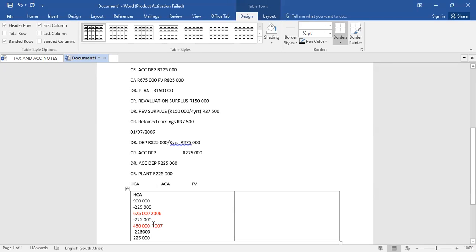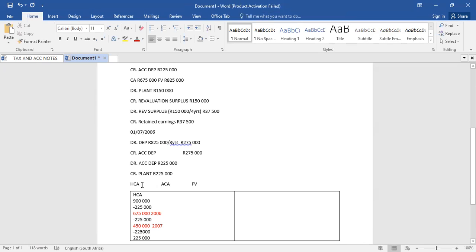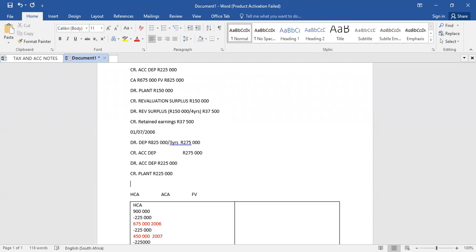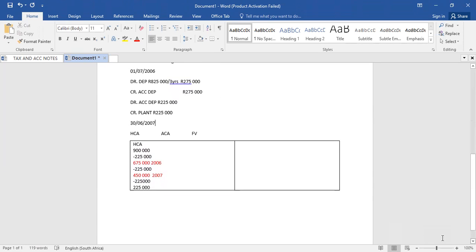Then the following historical carrying amount is for the year ending 20x7. Since this year when we revaluate will be at 30 June 2007, our historical carrying amount is 450,000.